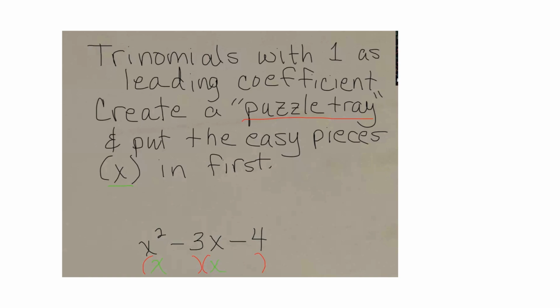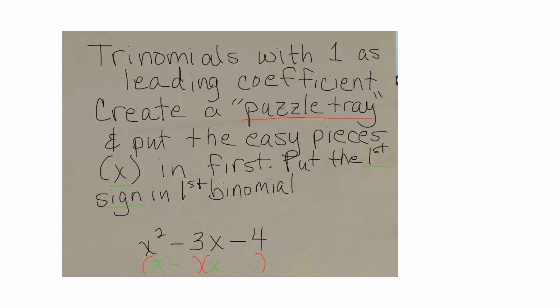Okay, then you're going to do the signs. Put the first sign in the first binomial. The first sign would be this minus right here, so we're going to put that right there in that first binomial.